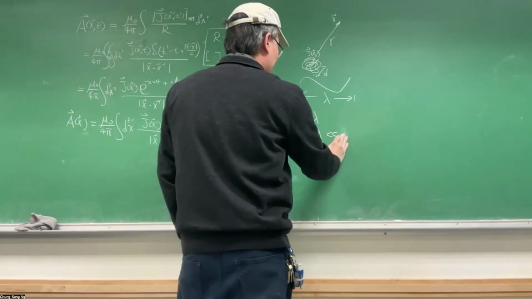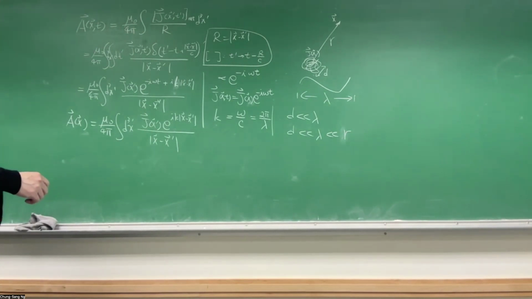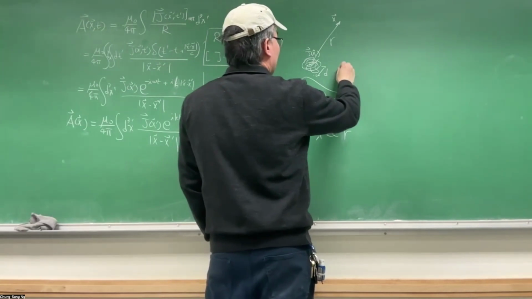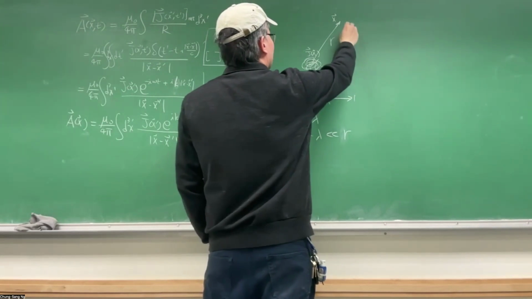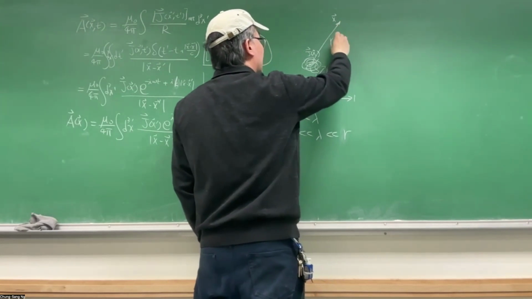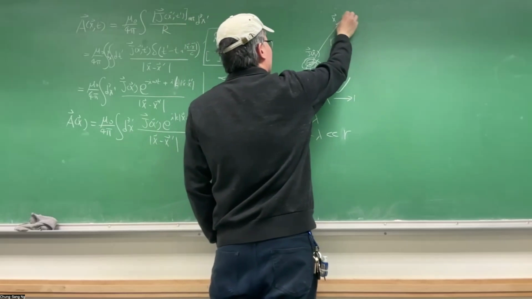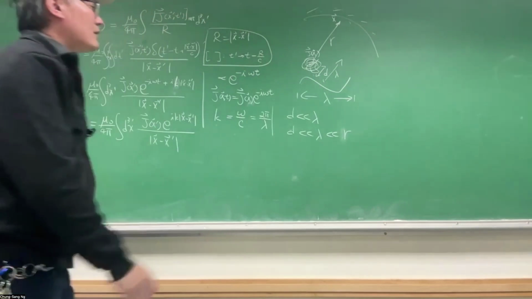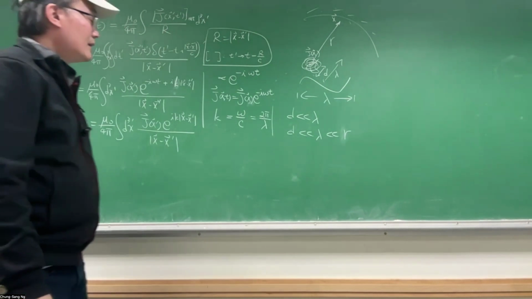So if lambda is much greater than d anyway, then you consider observing at a distance much larger than the wavelength, beyond the wavelength of the radiation. Okay, so that's one possibility.